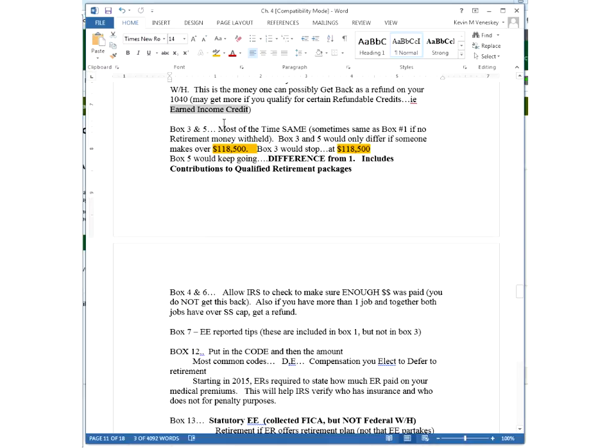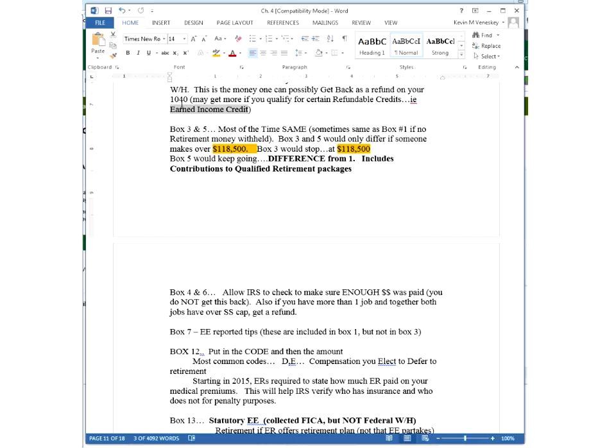Especially box 1 will be different if you had retirement money put away. Because if you remember back to last week, retirement money put away is not taxed for federal withholding purposes. So you aren't going to see that amount show up in box 1, but you will see it show up in boxes 3 and 5.